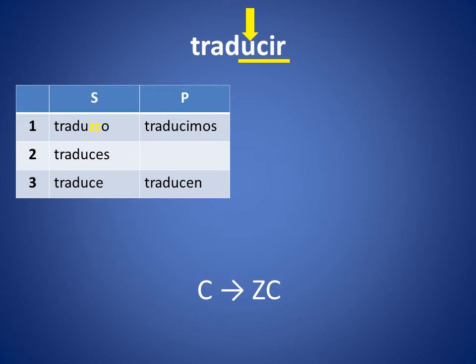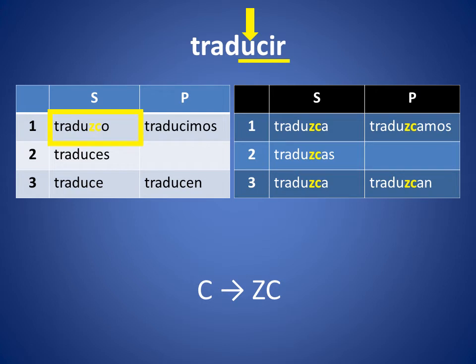Then we're going to use traduzc as our base on which to build all of the present subjunctive forms. That's our base right there. So hopefully you ended up with these conjugations in the simple present subjunctive. We used traduzc as our base for traduzca, traduzcas, traduzca, traduzcamos, traduzcan.